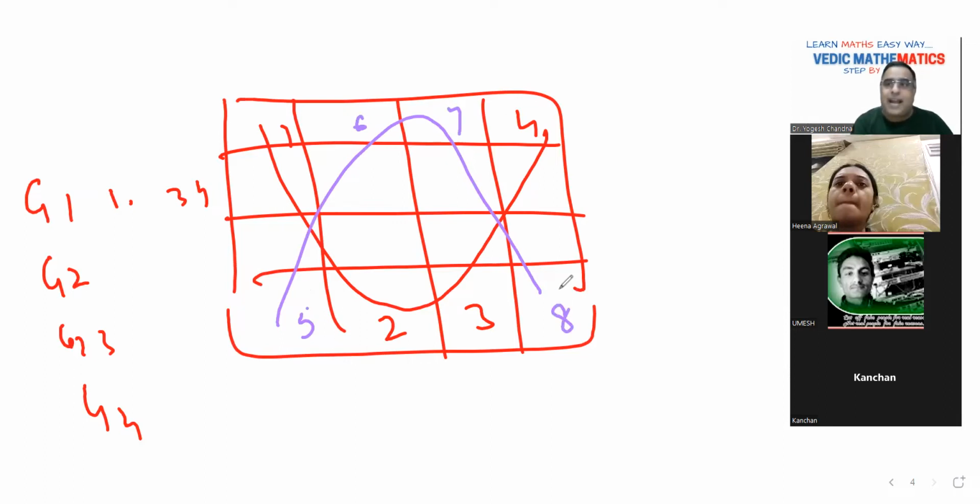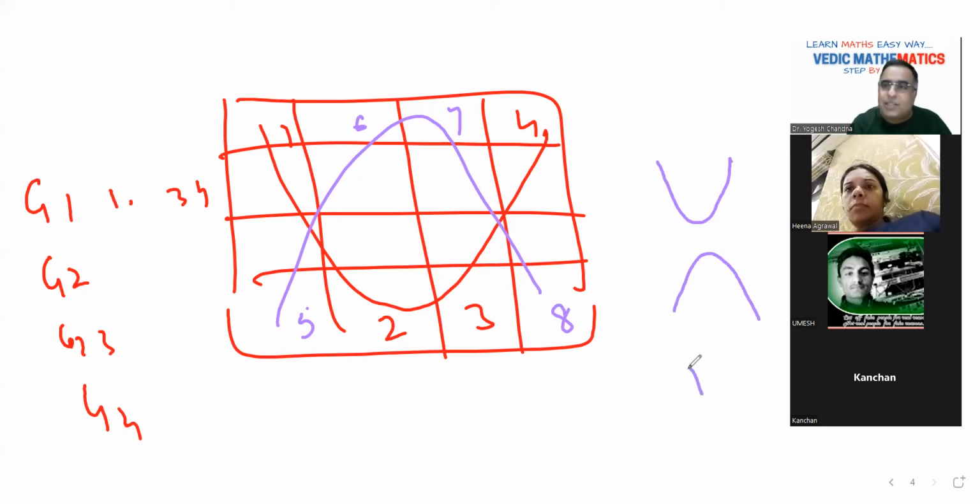And after that, you have to maintain a small U. First U, second opposite, third also U, but in a reverse manner. Here it was from this side, so you'll go from here.